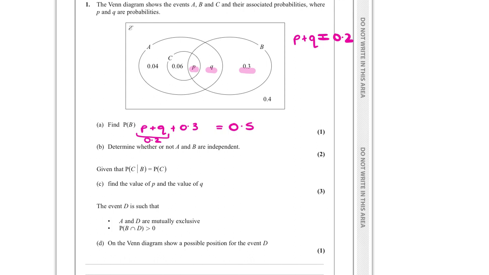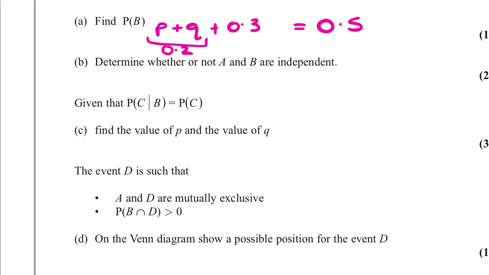So determine whether or not A and B are independent. Now they don't give you this on the formula sheet. However, we do need to memorize this. Make sure you write it on there. If A and B are independent, what is the rule?